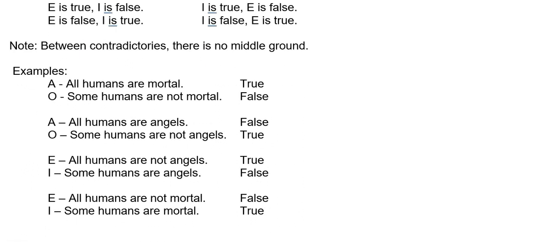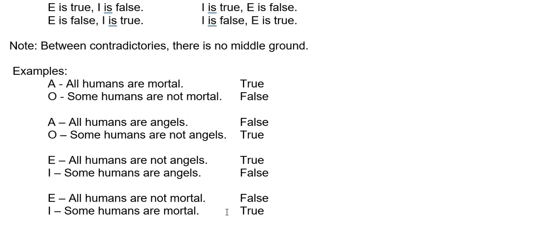Examples. All humans are mortal. If that is true, O is necessarily false: some humans are not mortal. If all humans are angels is false, then the O proposition, some humans are not angels, is true. E and I propositions: if no humans are angels is true, then I is false.